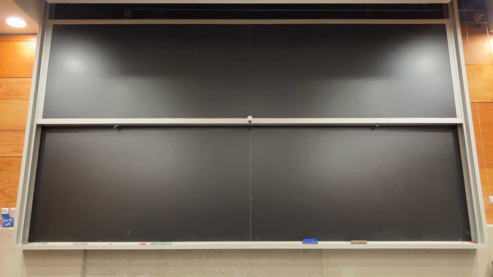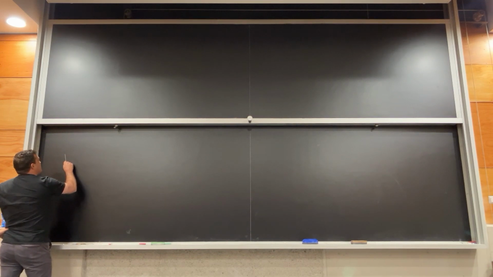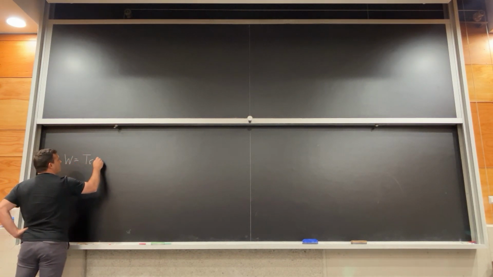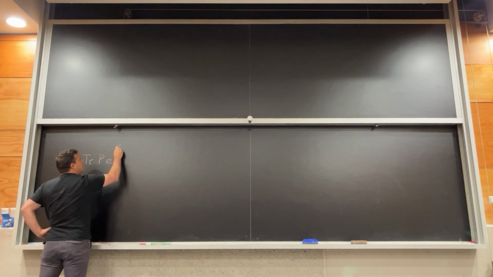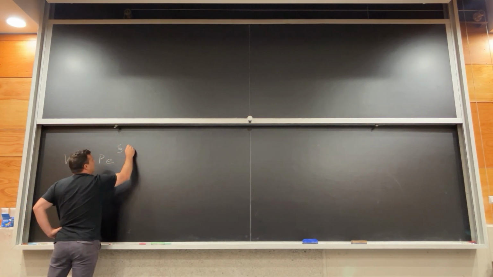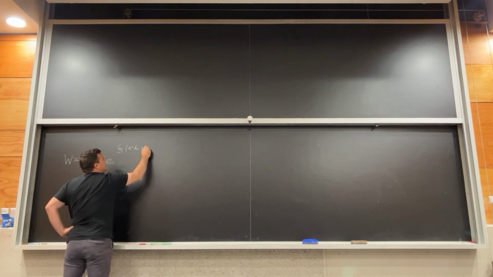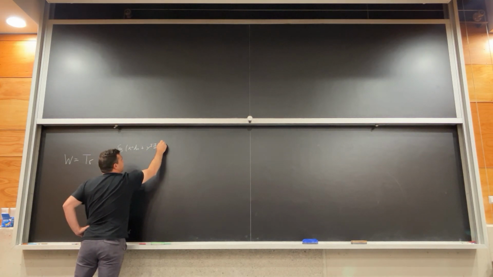Okay, so just as a summary, we had our path integral, the exponential of x mu plus y i phi i.